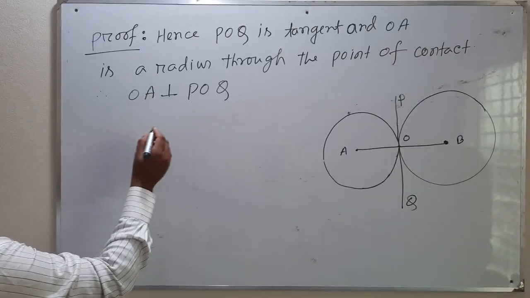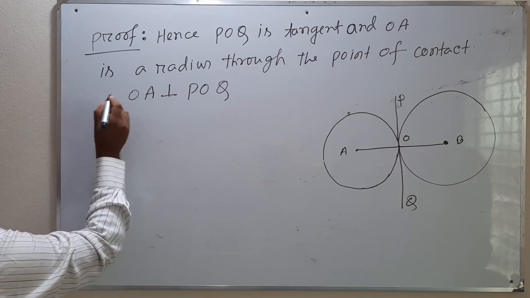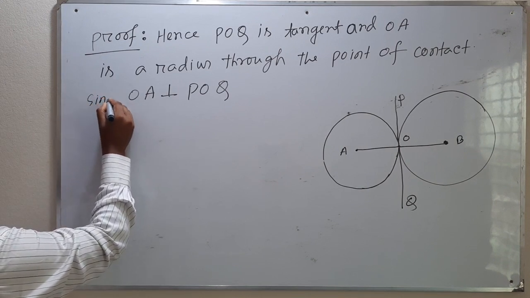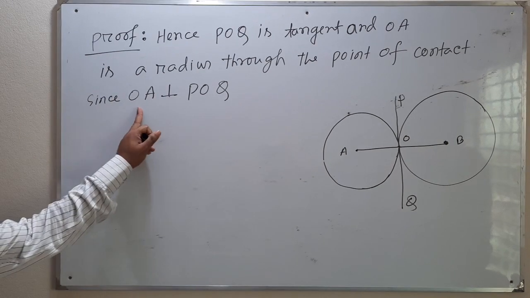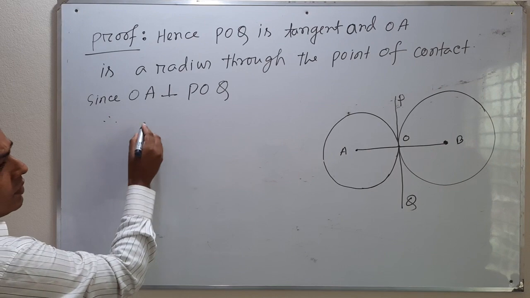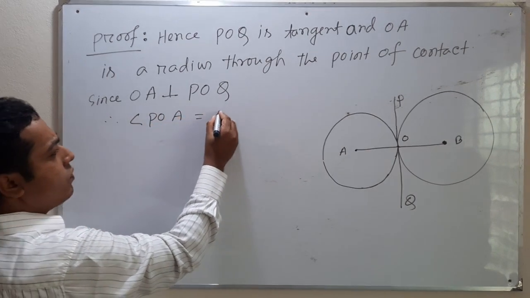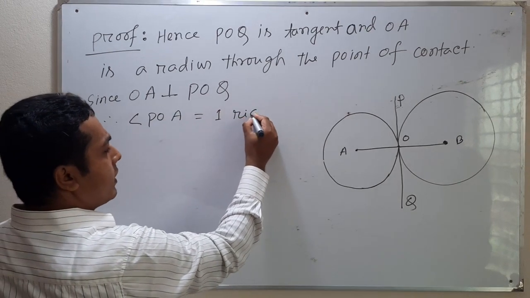Therefore, since OA is perpendicular to POQ, angle POA is equal to 1 right angle.